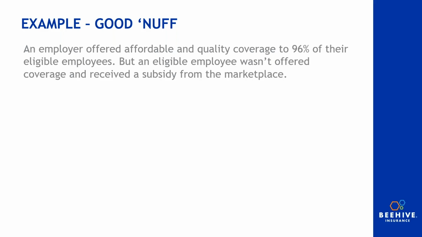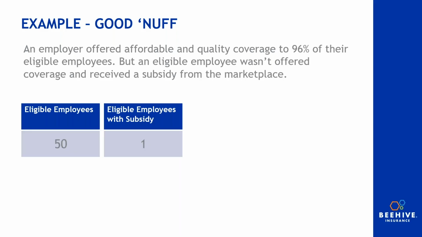So here we have an employer who offered coverage. It was affordable, it was quality, and it was offered to 96% of their eligible employees. However, of that 4% of those eligible employees, one of them wasn't offered coverage and received a subsidy from the marketplace.